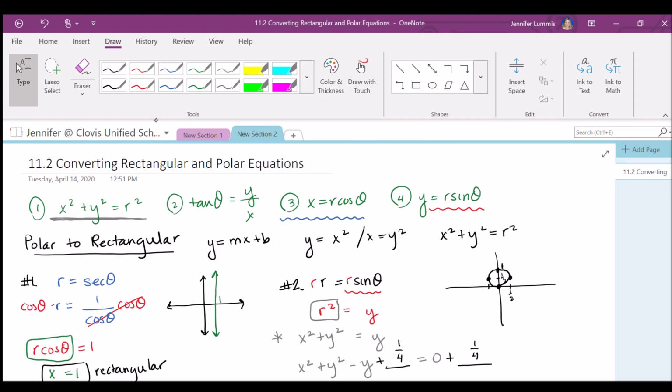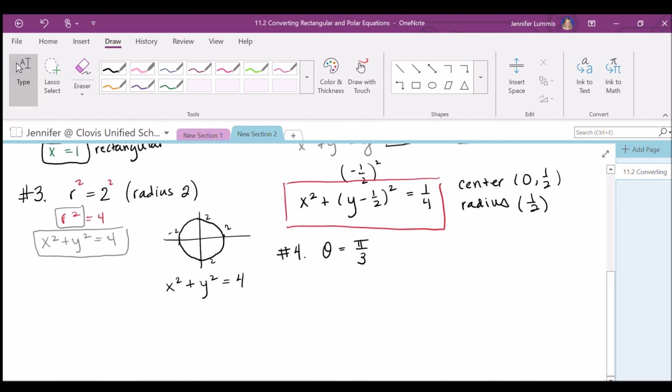So notice tangent theta is equal to y over x. We'll introduce tangent to both sides. So we now have tangent of theta is equal to tangent of pi over 3. So we replace tangent of theta with y over x. And then we evaluate tangent of pi over 3, which is root 3.